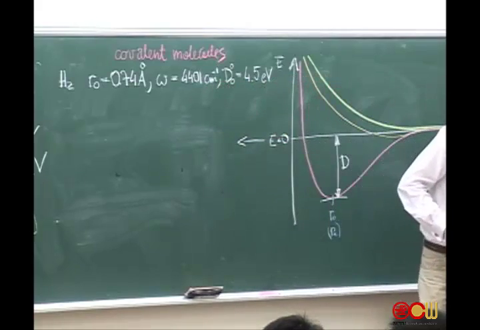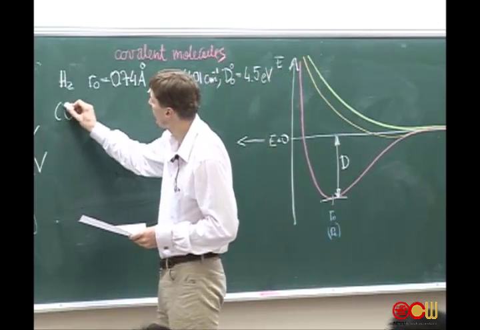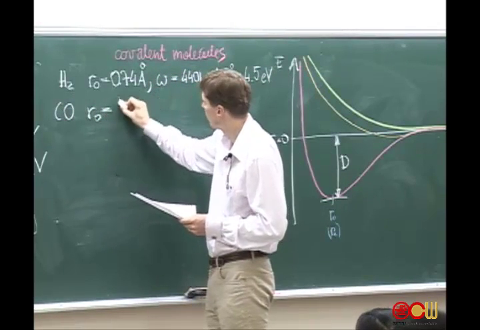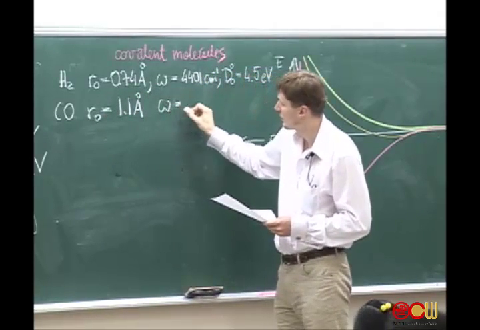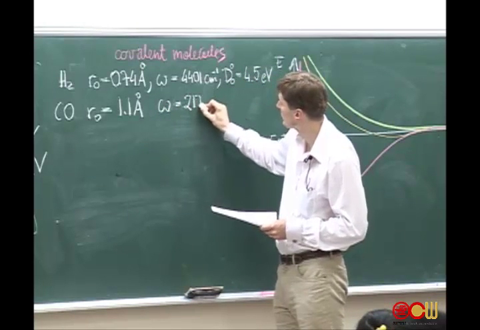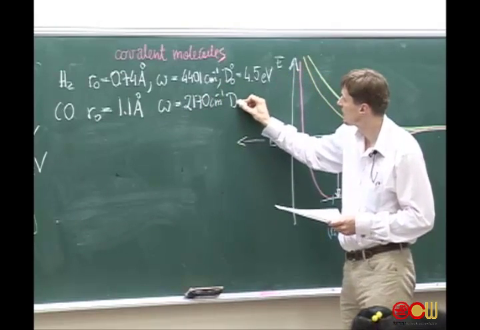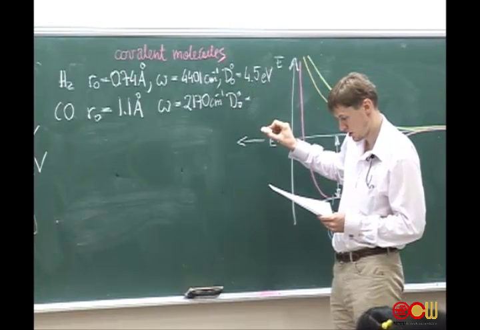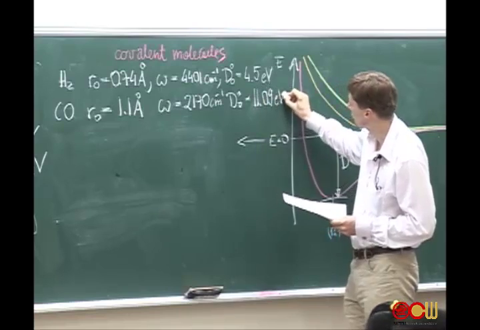And the real molecules, I have another example, would be the CO molecule with the Re equal 1.1 angstrom, frequency equal to 2170 wave numbers, and D0 equal 11.09 electronvolt.